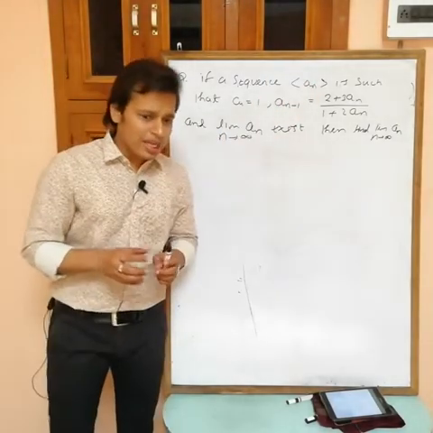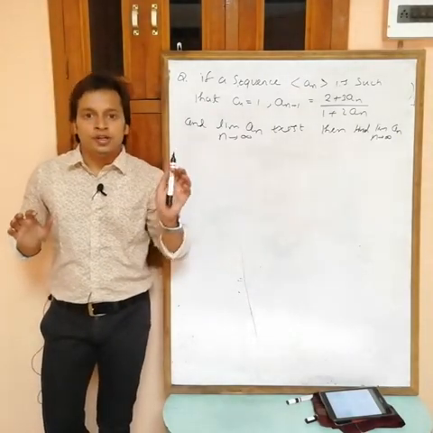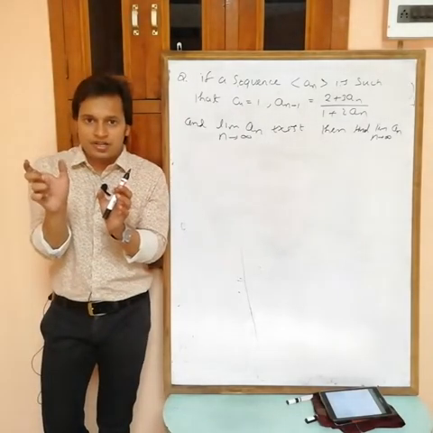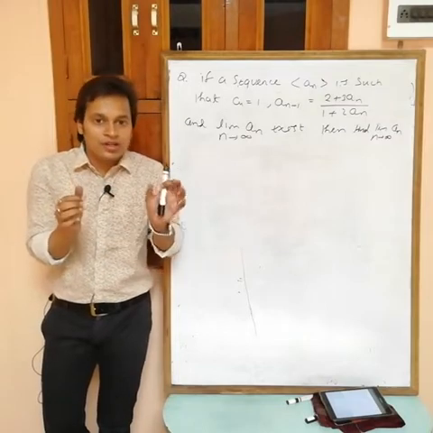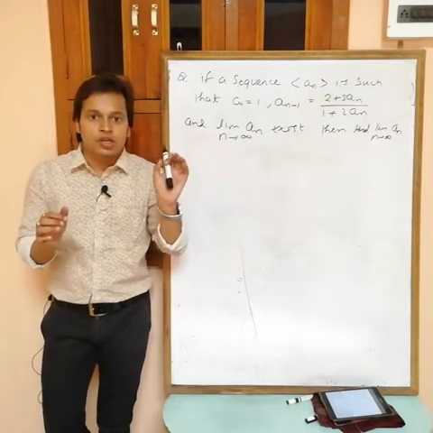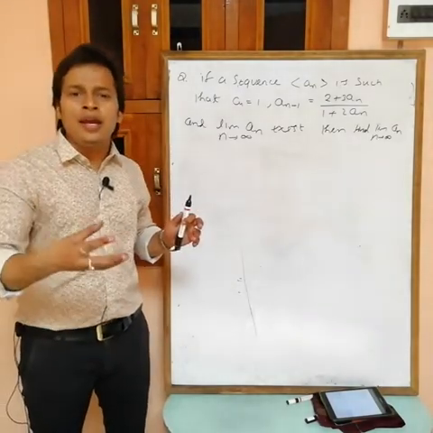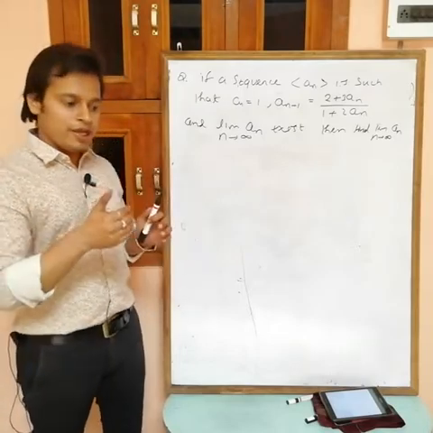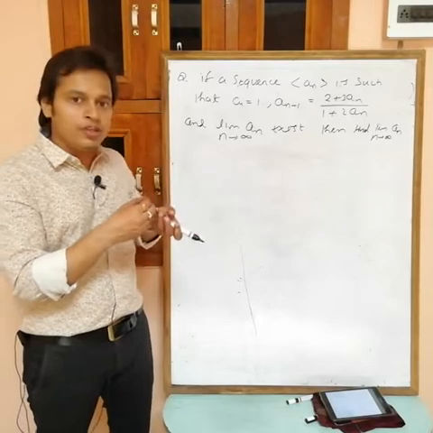Actually in these types of sequences, if you move up to infinity, then in the starting we have a major difference between two terms. But as you move forward, the difference reduces. So at infinity I can say that finding a_n or a_(n+1), both are the same thing. Suppose a_n is the infinite term, then a_(n+1) is the infinite plus 1th term.